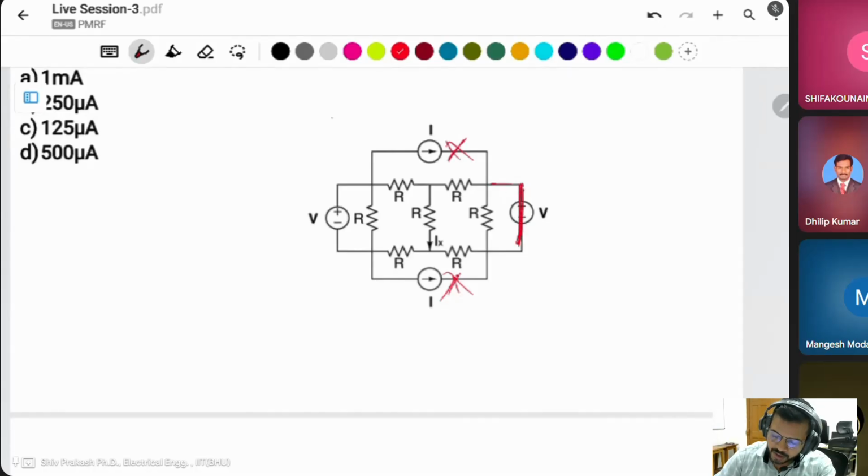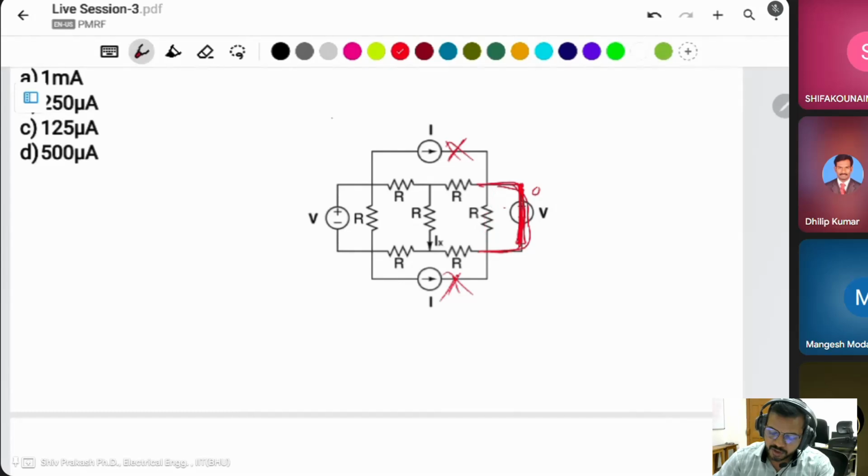If this is short, then there is no meaning of this resistor, because all the current flows through the short circuit, not this resistor, because the current follows the low resistance path. This resistance is 0, this is 1 kilo ohm, so why would the current flow through it?